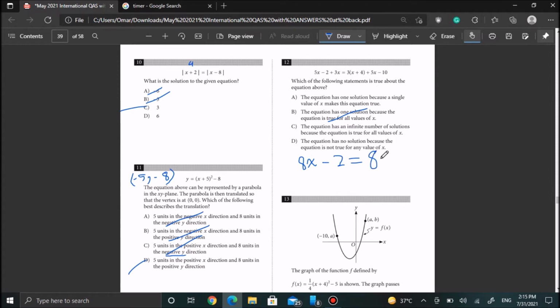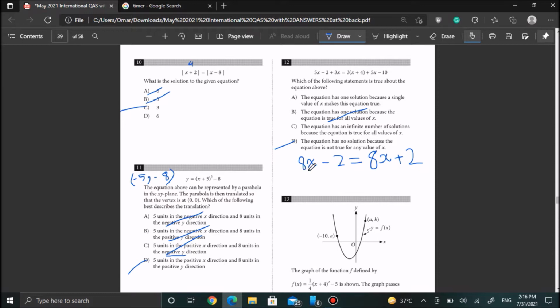We get 8x. And then I'll distribute for the number. 3 times 4 is 12 minus 10 is 2. This seems to have no solutions. But let me revise again. 5 plus 3 is 8, 8 minus 2, good. And then 3x plus 5x, this is 8x, and then 12 minus 10 obviously is 2. So no solution.